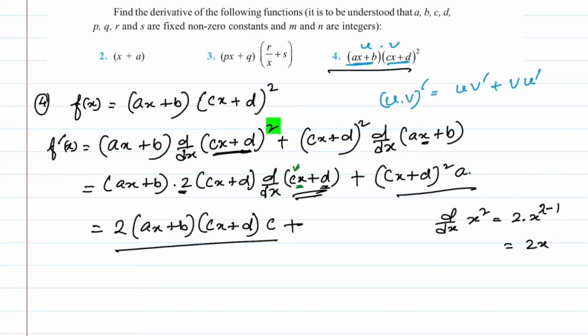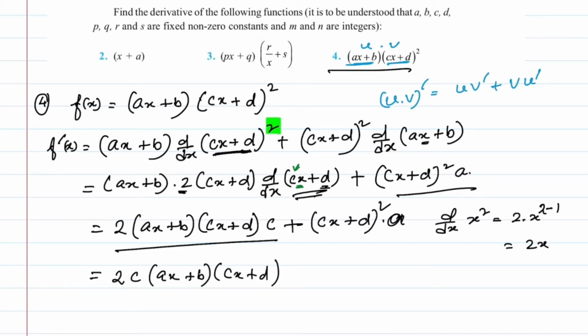Now plus, we have got (cx plus d) whole square into a. So now what we can do here, you can keep the answer like this as well, or you can rearrange this as 2c(ax plus b)(cx plus d), then plus a into (cx plus d) whole square.